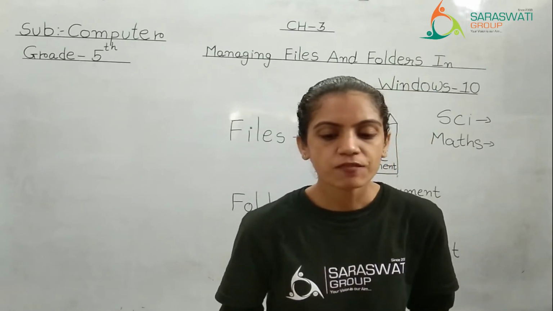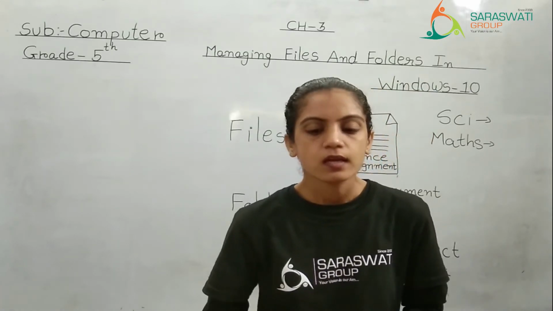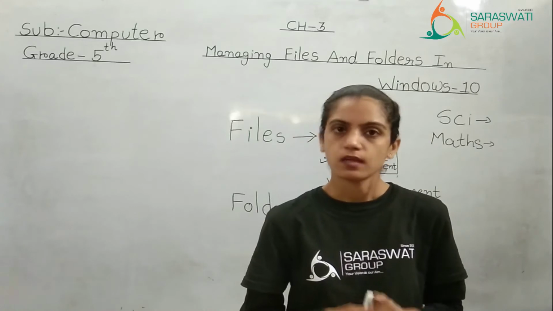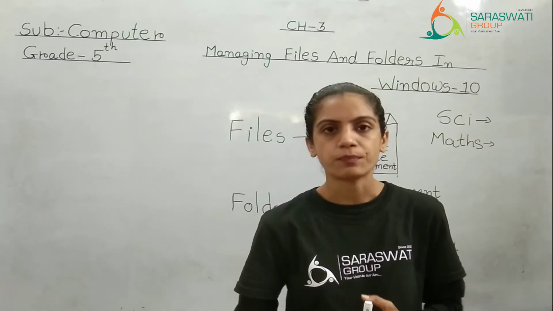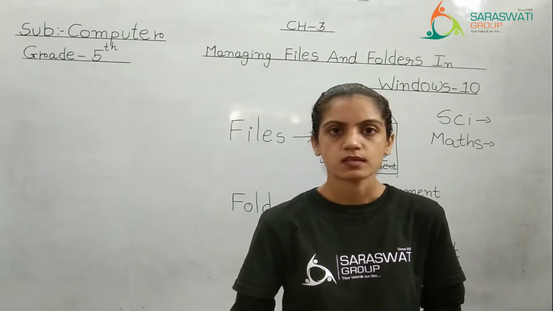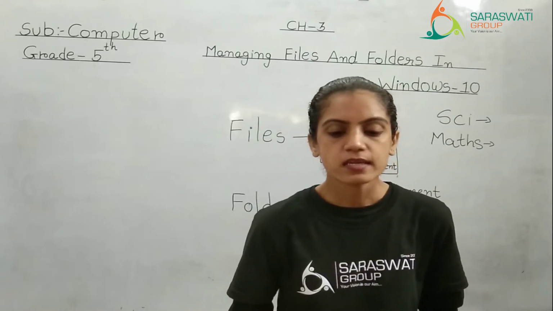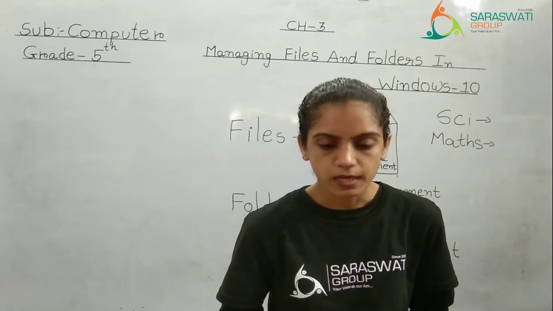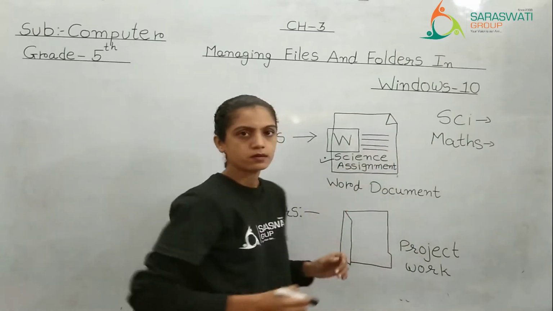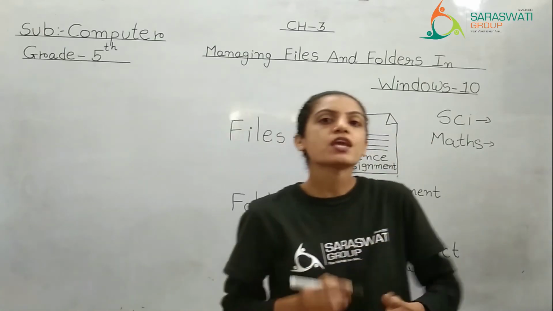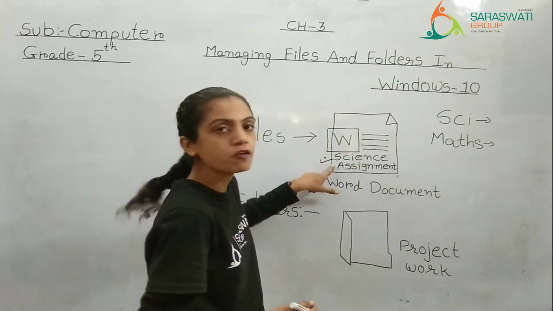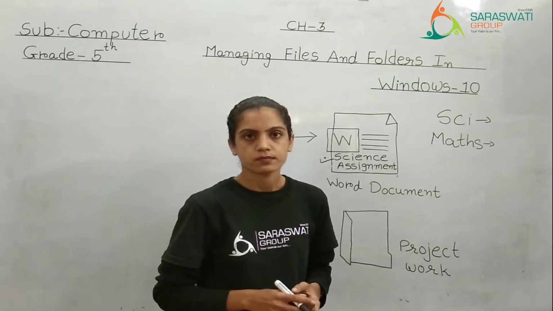A file can be saved on the hard disk, CD, DVD, pen drive or any other secondary storage device that we have studied in the previous chapter. That means we can store our data on different types of storage devices, right? A file has an icon associated with it. Here this is the Word document. This icon is of Microsoft Word. So when you are saving your file as a Word document, this type of symbol along with its name will appear, right?